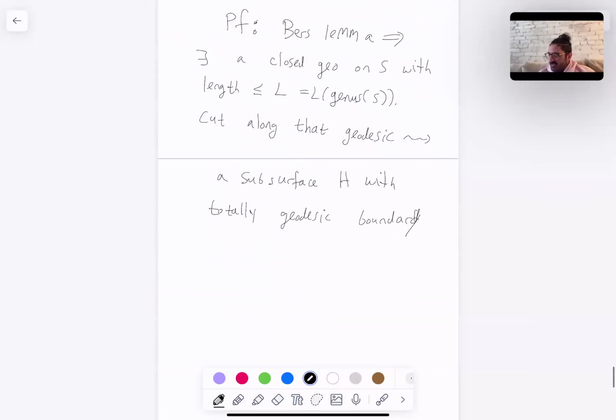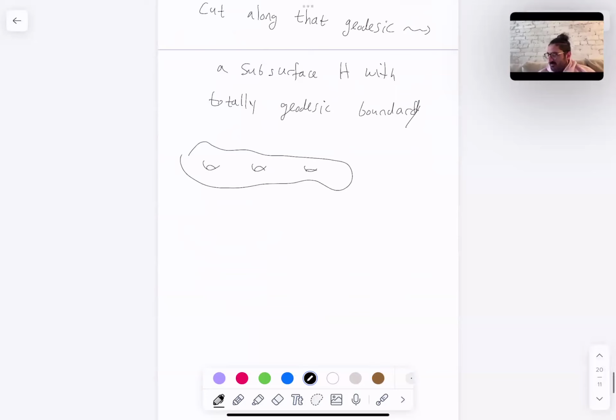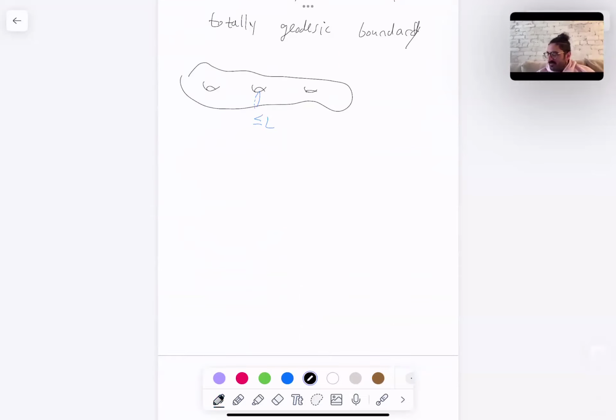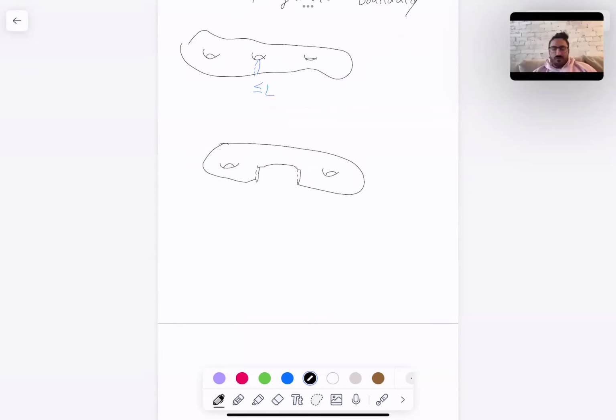So the picture here is, we have some original surface. We're guaranteed to find some geodesic with length at most L. Now we cut along that geodesic and we get some surface that looks like this, where the total length of the boundary is like 2L, because each of these has length L or something.